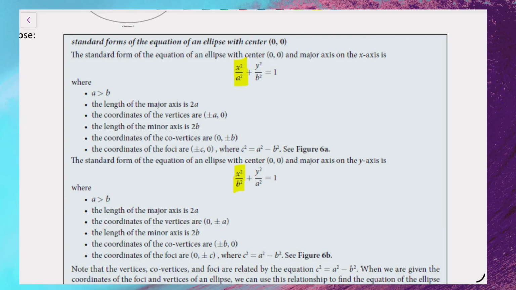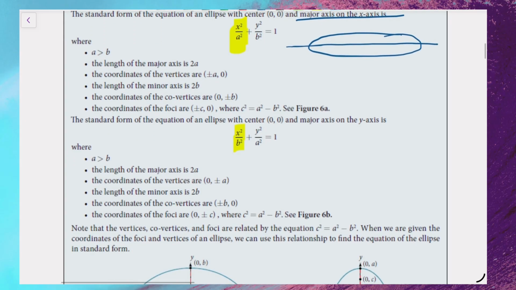So what's a squared under? When the a squared is under the x, then this one is going to be elongated horizontally. In other words, this major axis that runs through it is parallel to the x-axis, okay?